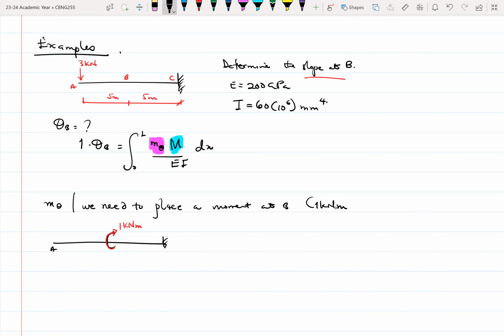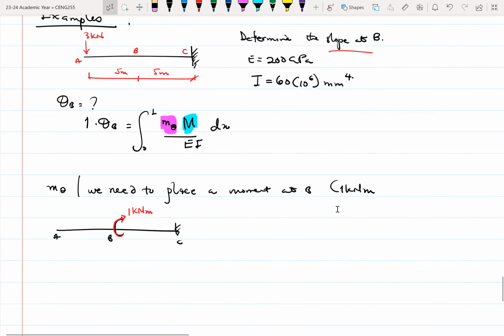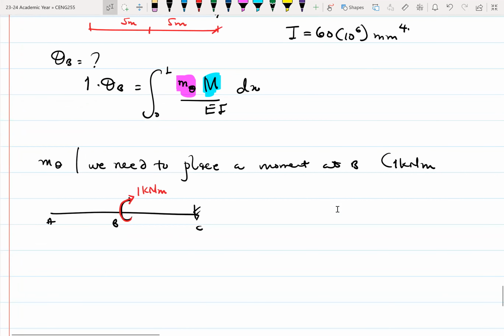So what do we do? So we have A, B, and C. Because of the position of the point moment, which is acting at B, it means that we will have to develop more than one equation, for example. So we have to look at span AB, call this one X1, and then span BC, also find X2.